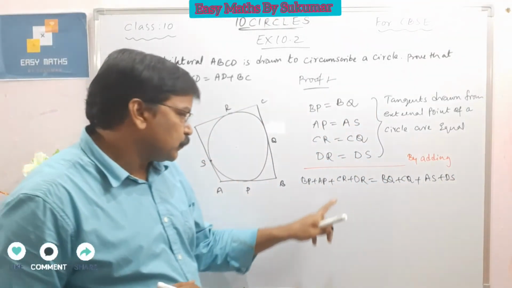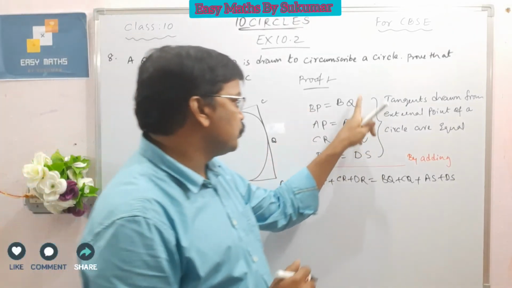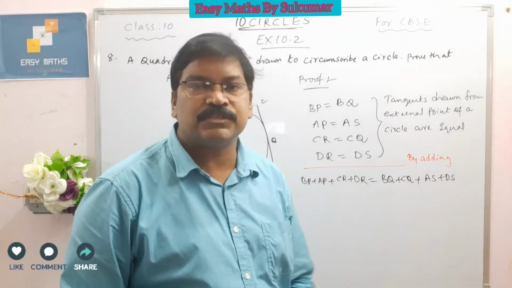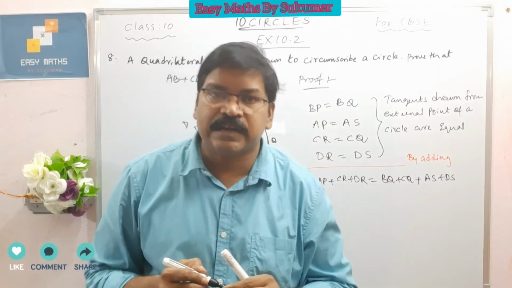Look here, BP plus AP, CR plus DR is equal to BQ plus CQ, AS plus DS, just by adding the left hand sides and the right hand sides of the four equations.